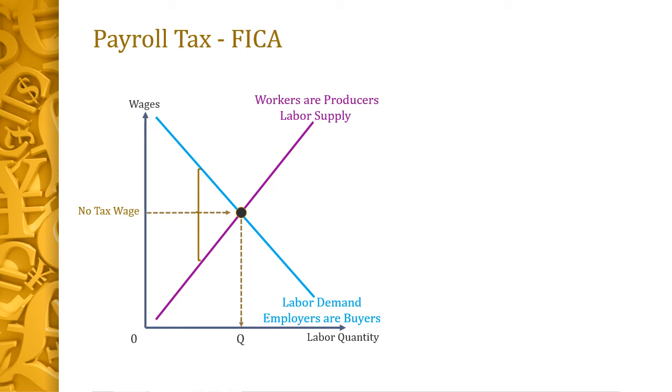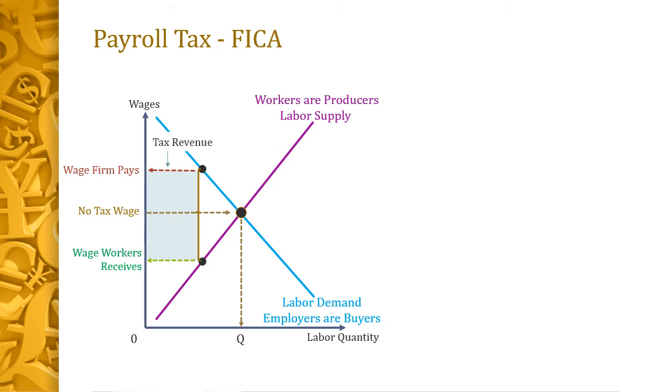So we take our little bracket and our no tax wage and we say here are the points of wages that each group is going to pay. And what we find, if we put our lines out there, is what the workers receive versus what the firms pay. Now, that whole area is basically the tax revenue.